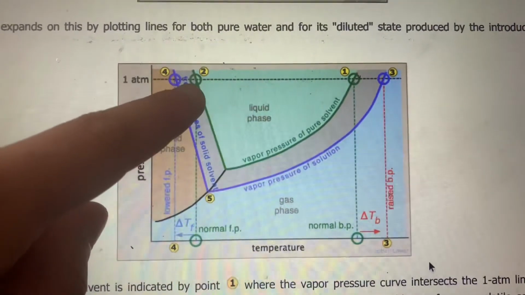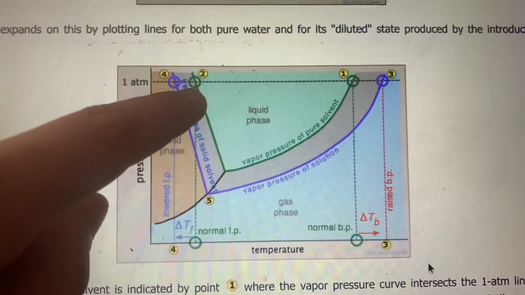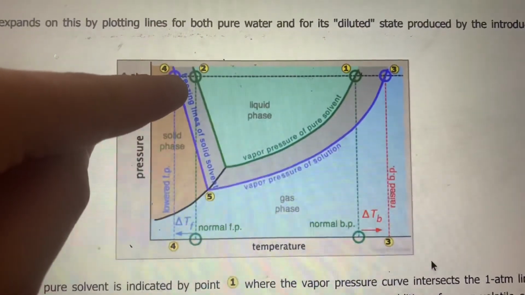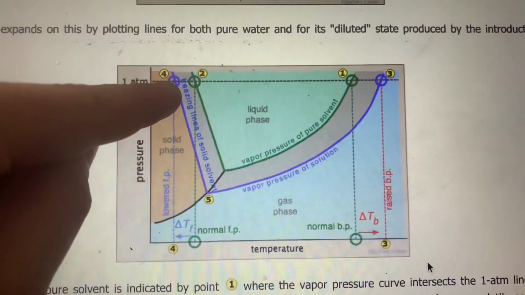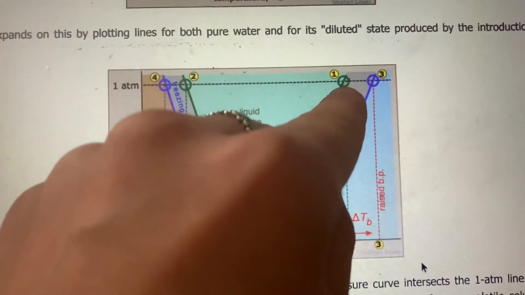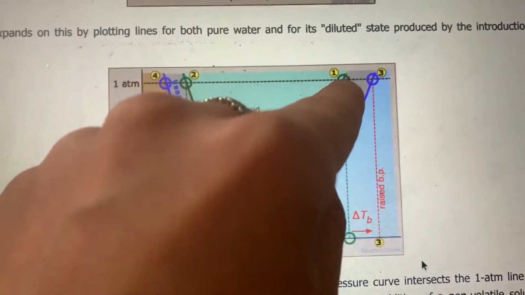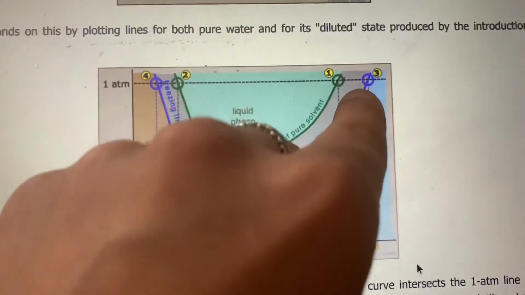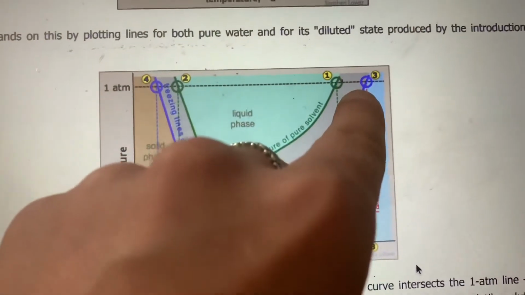You'll see freezing point depression because at 1 atm, now the temperature needed to melt or freeze the solution is lower. And same here, you'll see boiling point elevation, right? Because instead of here, the temperature is now higher, which is boiling point elevation.